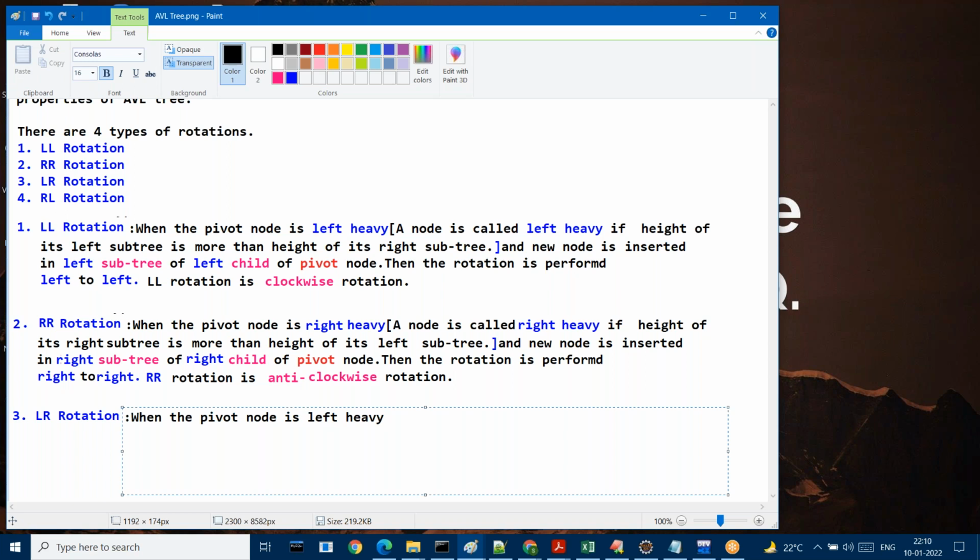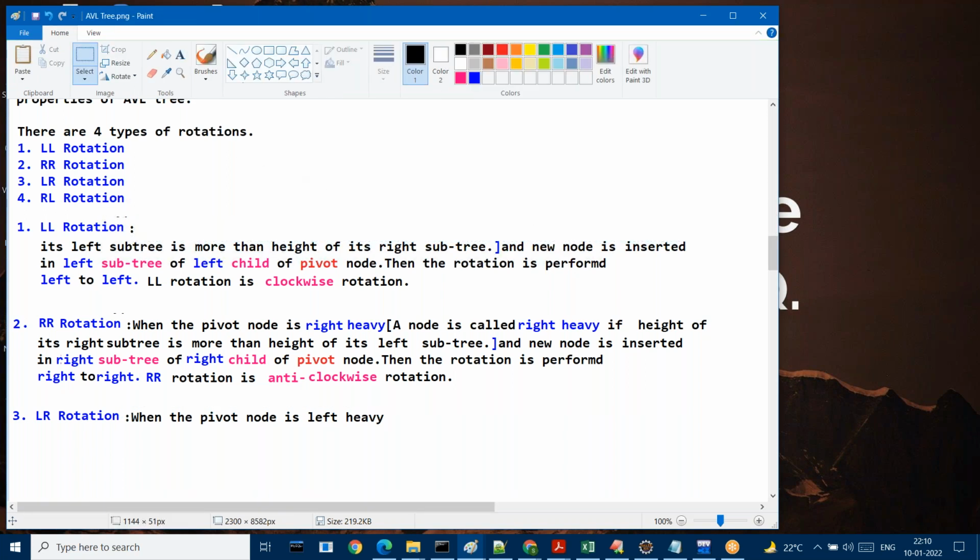You may feel a bit of difficulty with this definition. Let me remove the left heavy part completely. It will become simple.